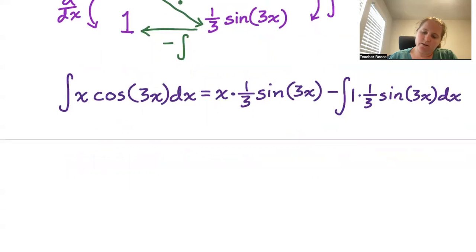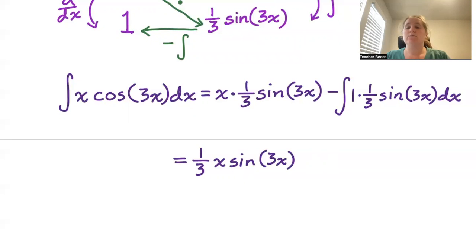So this becomes our integral is 1/3 of x sine of 3x. Integral of sine is negative cosine. So we will have minus, if we want to run some u substitution.